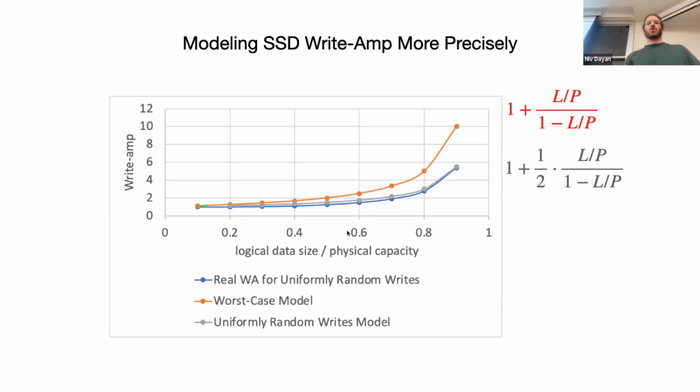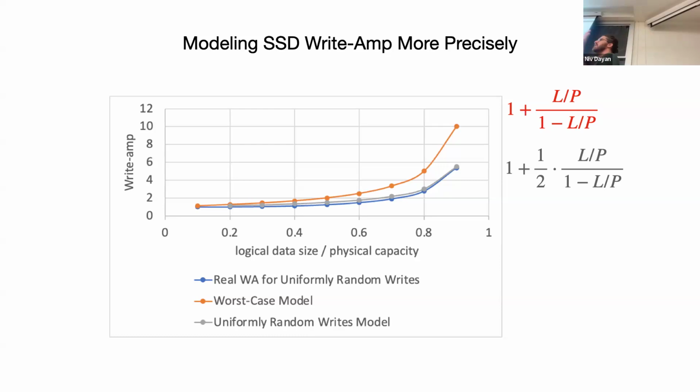This graph shows how, as you vary the proportion, the usable capacity of the SSD, you can expect different amounts of write amplification, and how this might be the worst case, but this equation actually reflects the real write amplification you would expect. This just shows you that this one is a good approximation relative to the blue line. Okay, I think that's all the background that I wanted to show you.